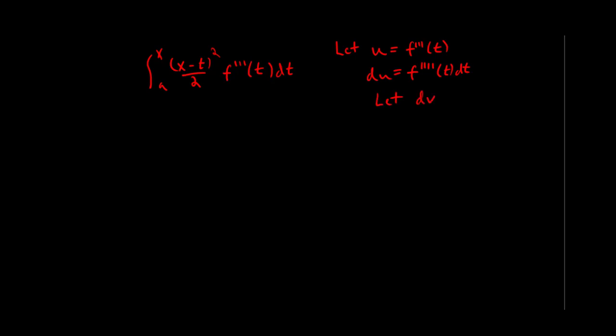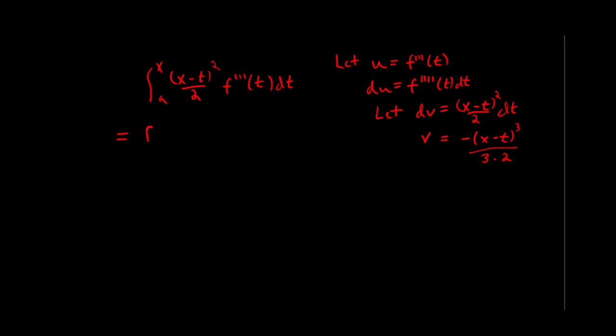We'll let our dv be equal to (x minus t) quantity squared over 2 dt, and then v will equal minus (x minus t) quantity cubed over 3 times 2. When we plug that in, we then get f triple prime of t times the quantity minus (x minus t) cubed over 3 times 2, evaluated from x to a, minus the integral from x to a of minus (x minus t) cubed over 3 times 2 times f quadruple prime of t dt.